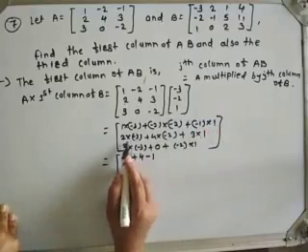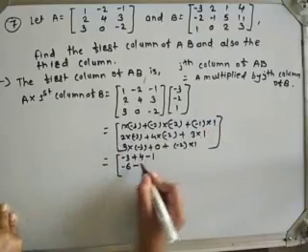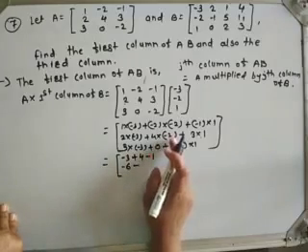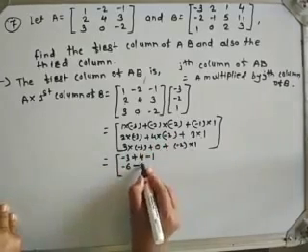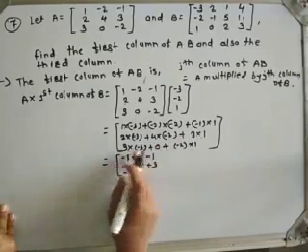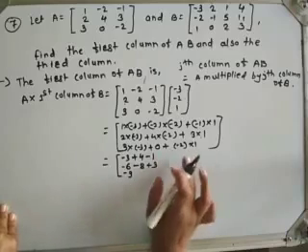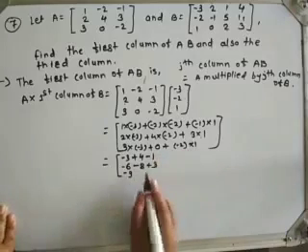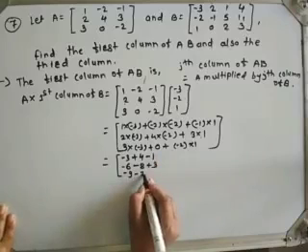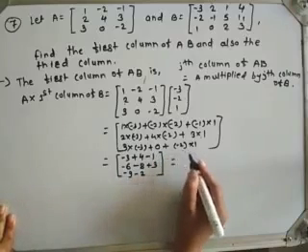What is next entry? 2 into -3 is -6 plus 4 into -2 is -8 plus 3. This is 3 into -3, -9, plus 0 plus -2 into 1, -2.